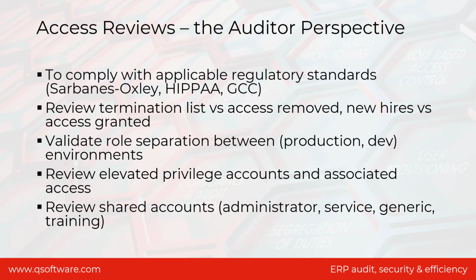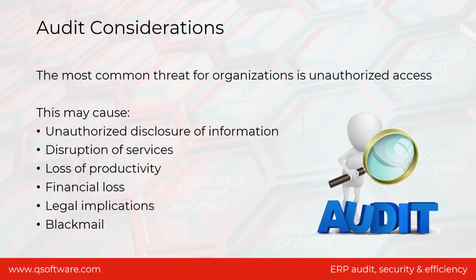So the overall issue for auditors is about unauthorized access, and if you're following a least privilege, i.e. giving security access to users only if it's required for them to do their job, you'll be okay. But if you're not, what they're looking for is a number of different things that could happen.